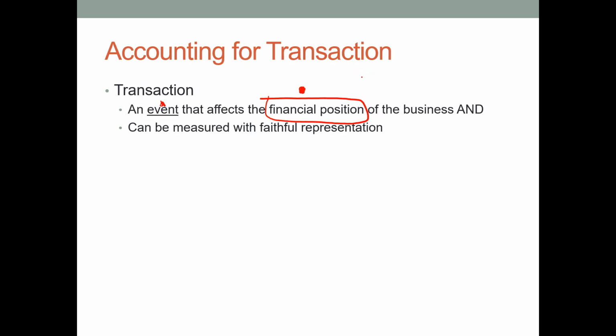You can't yet account for it because you don't know the true value of that discovery. If you looked at your stock price, the stock is going to go crazy if you've made some substantial discovery. So the people who are investing are going to attribute some value to that. But in your accounting books, assets equals liabilities plus equity, since you can't really measure the value of that event, it's not yet going to transact.